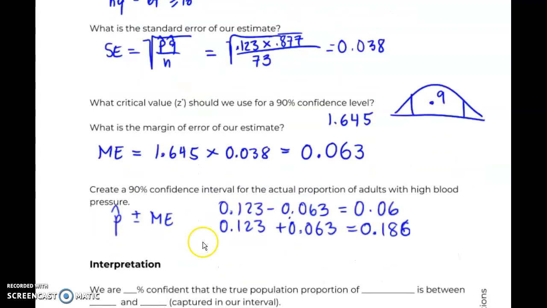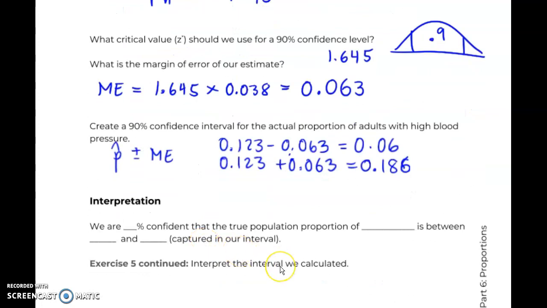And then the last thing we want to do is interpret that. We are blank percent confident that the true population proportion of whatever we're looking at is between these two numbers. So interpret the interval that we calculated.